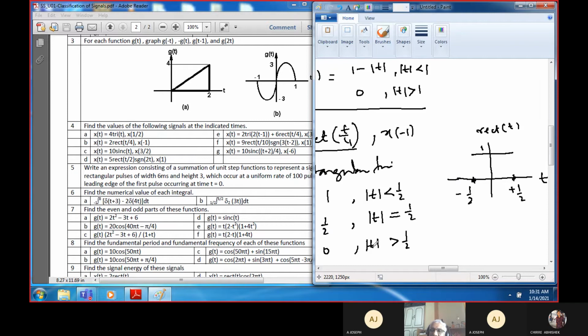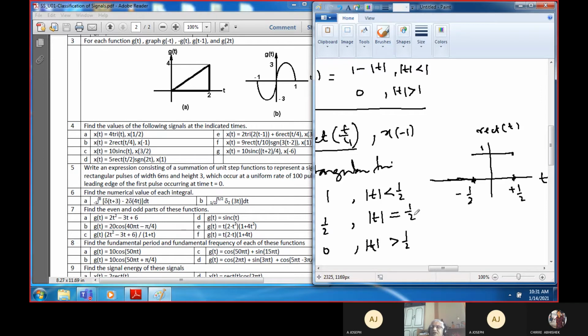Now what he is telling is, what happens exactly at these 2 transition points, because you can see here mod t greater than half, anything outside these 2 points, it is becoming 0. That means the function has to start at 0, and somewhere at half it has to become 1, and at half it has to again become 0. So what is the value at half?